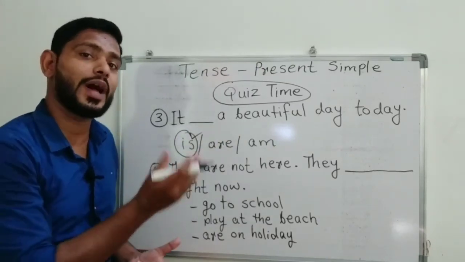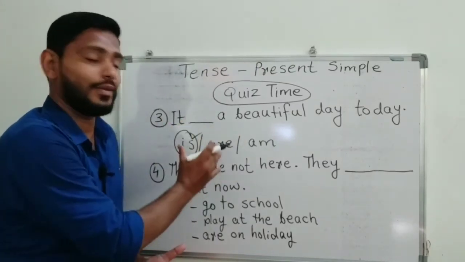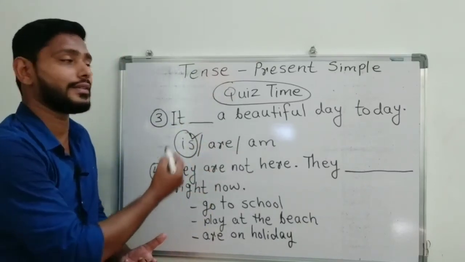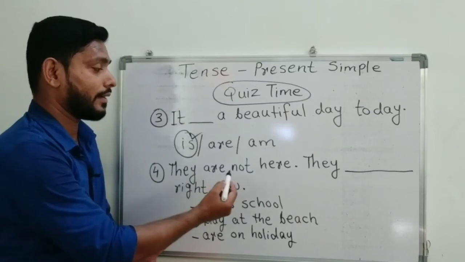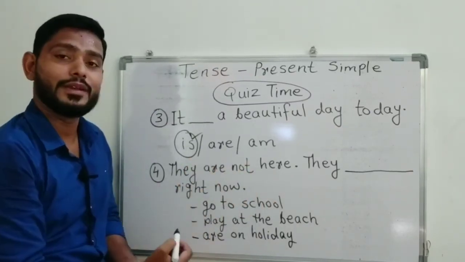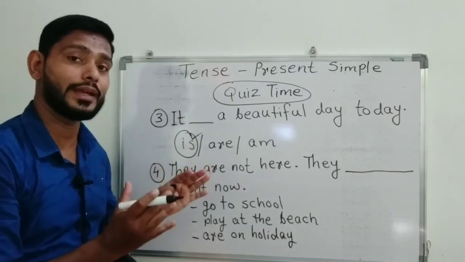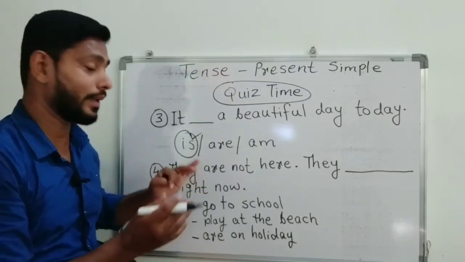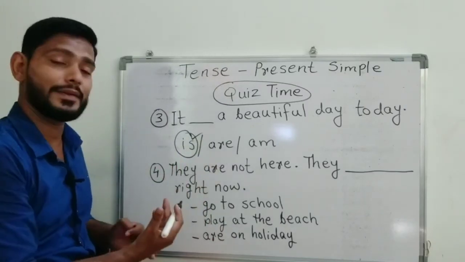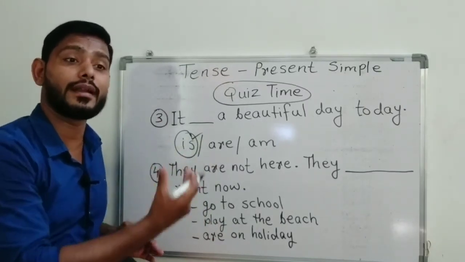I hope you also have chosen the correct option. The fourth question for you. They are not here. They blank right now. Just remember the rule that we have learned in order to make this sentence correct. They are not here, and they, to talk about a general time now.